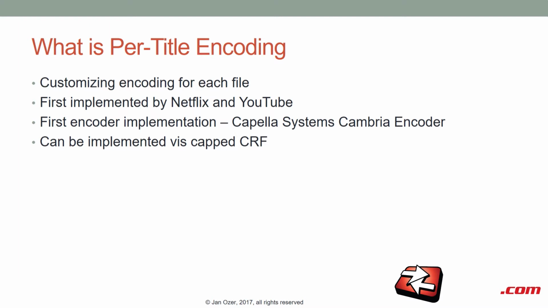They introduced the Cambria encoder that had a version of per title encoding that we're going to be looking at today. And since then, a bunch of companies have come out with it. Brightcove has a system. Beamr, who is here at the show, has a system. JW Player, the OVP, uses capped CRF. That's a technology we're going to be looking at. So there's a lot of ways to get there.